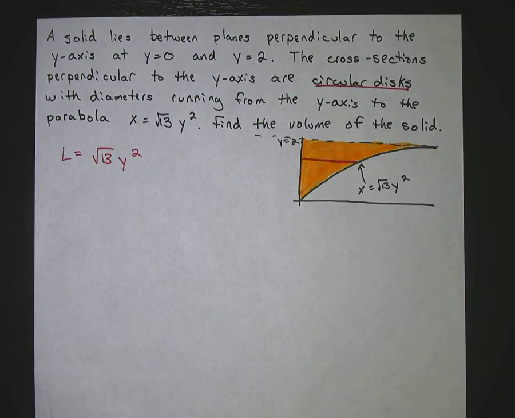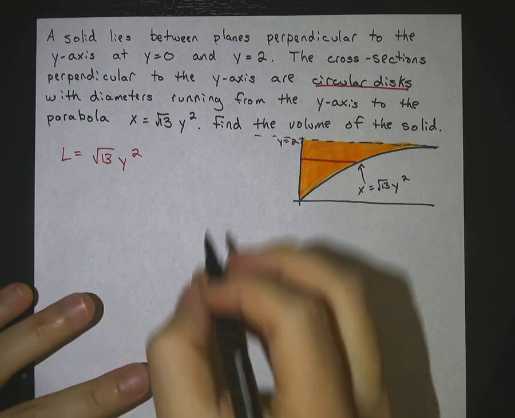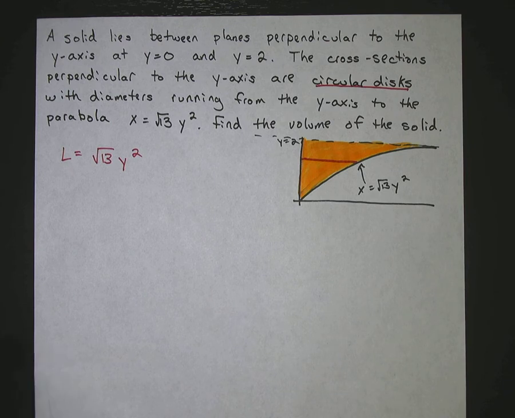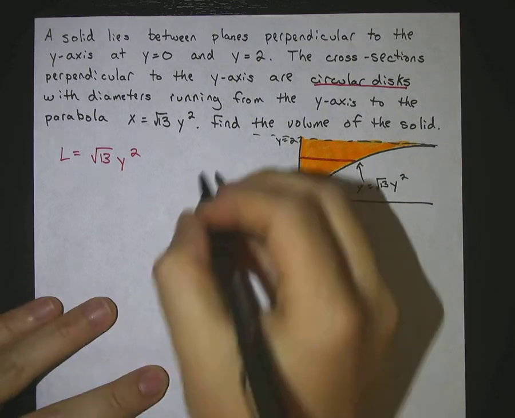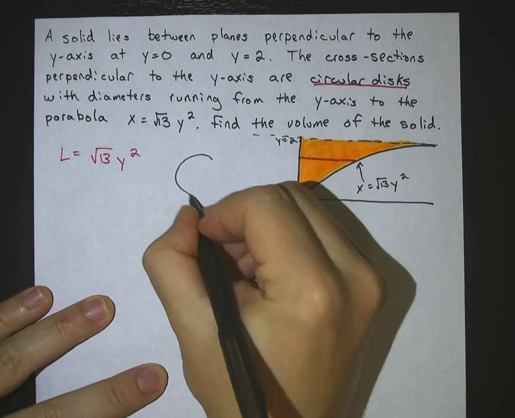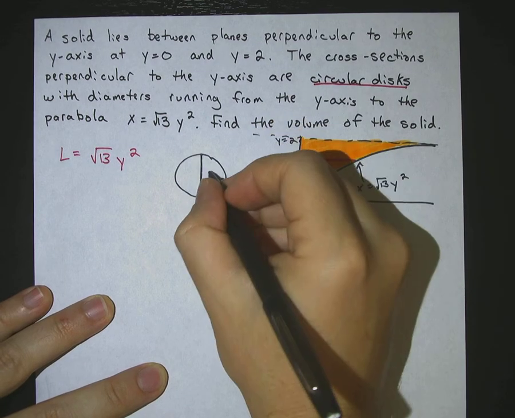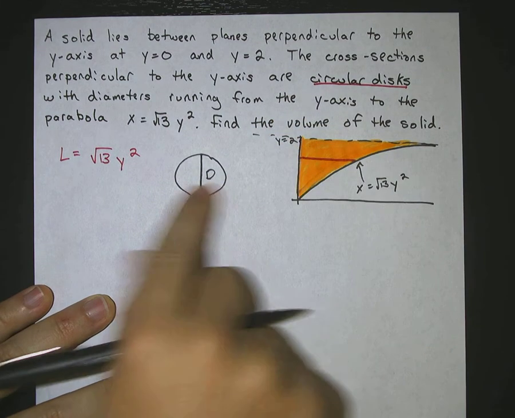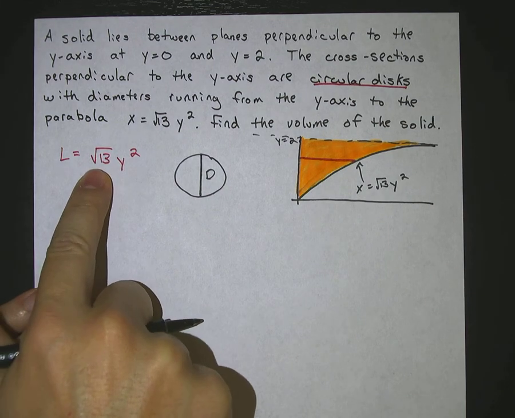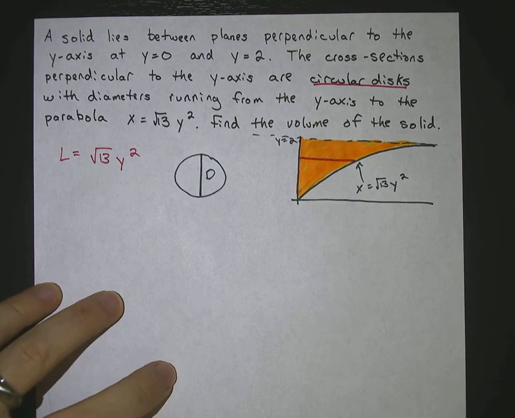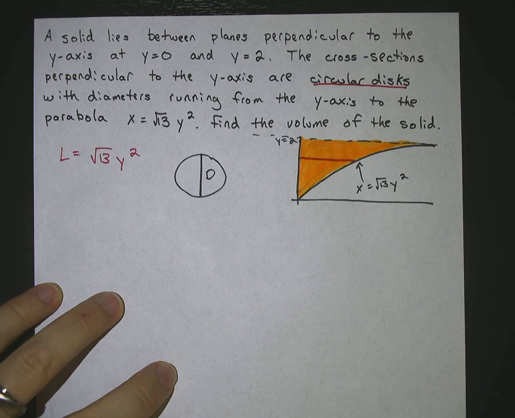Okay, so let's go back to the circular disk part of the problem. If you think of the circular disk being basically a circle, and you are given the diameter of this circle, the diameter being this, square root of 13 y squared, what is the area of that given its diameter?